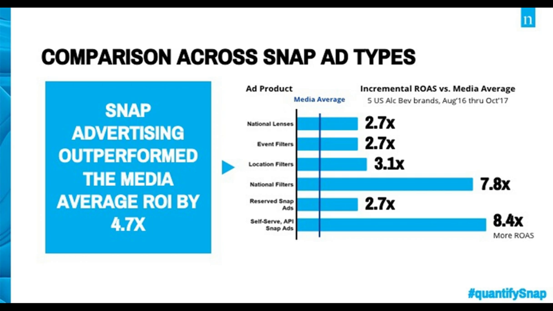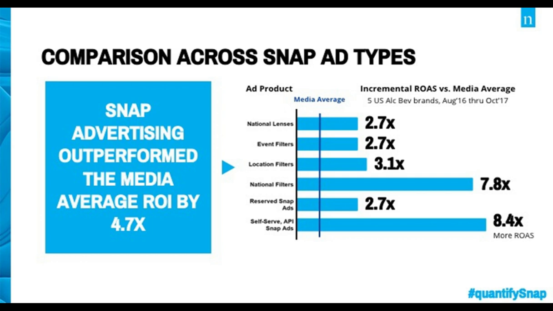Peeling the onion a little bit more, how did individual ad types perform? Each individual ad type really did well. What we have here is the ROI difference for each ad type versus the all-other-media average ROI.